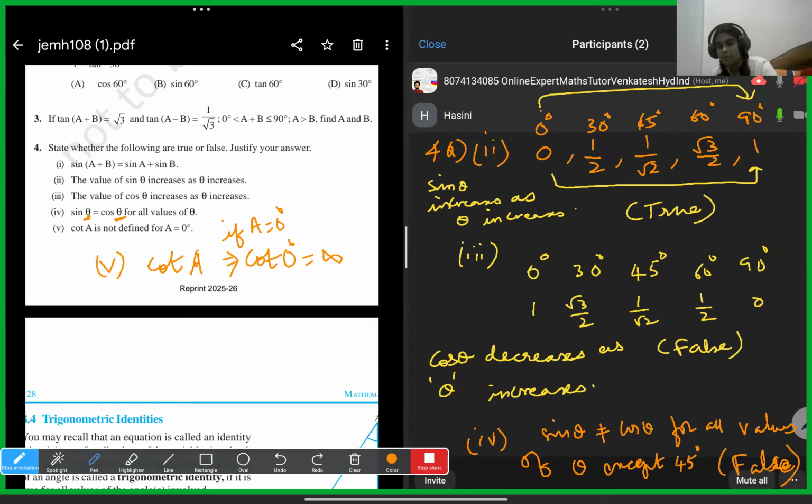So tan 0 is like 0 by 1, Hasni, correct? So the reciprocal, cot 0, will be 1 by 0. Is 1 by 0 defined, Hasni? It is not defined.